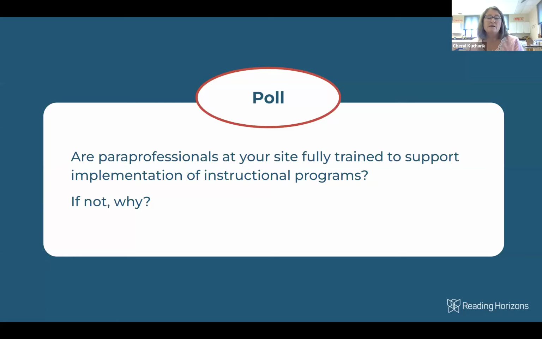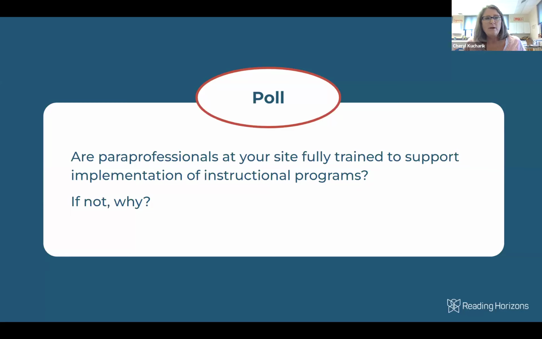This past August, Laura was in our district, and we started Reading Horizons probably about 4 years ago, I think. And we wanted to get our paras trained because we know students learn better in smaller groups.